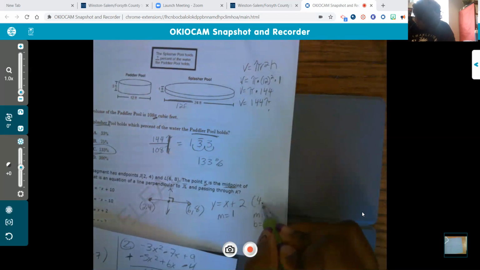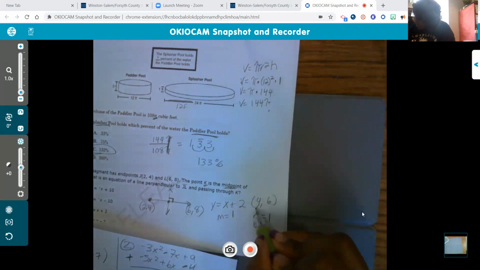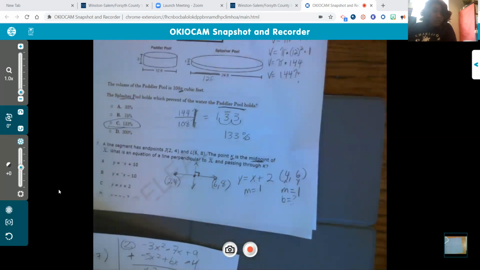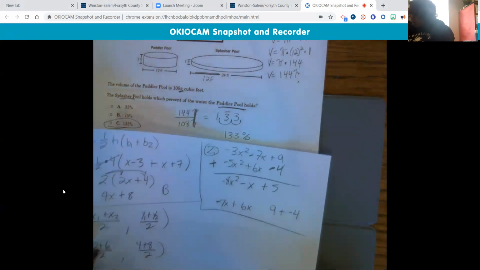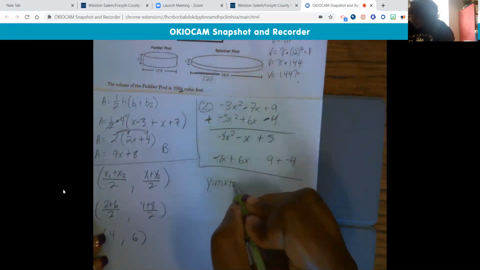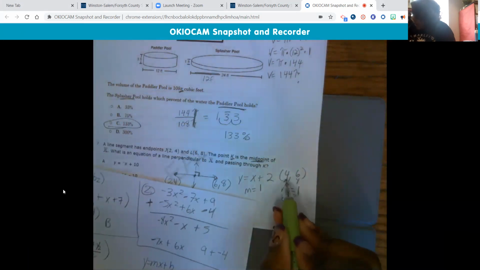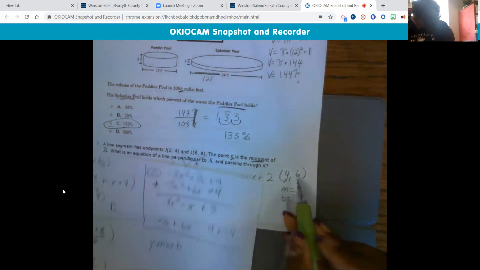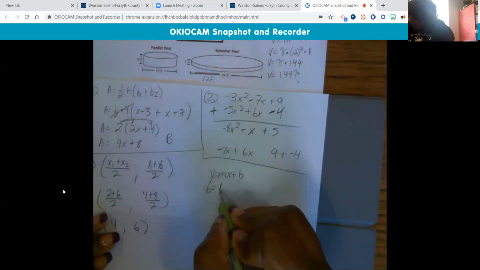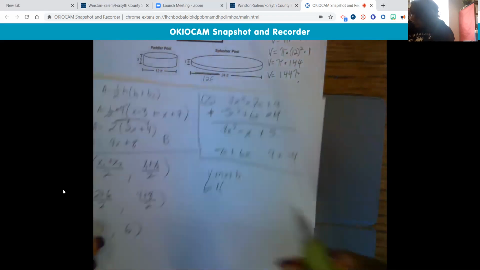I'm going to use this x, y to figure out what b is. To figure out what b is, I use y equals mx plus b. I already know my m, which was 1. I have an x and a y value. My y is 6, so put 6 right here for y. This is 1 times my x, which is 4.